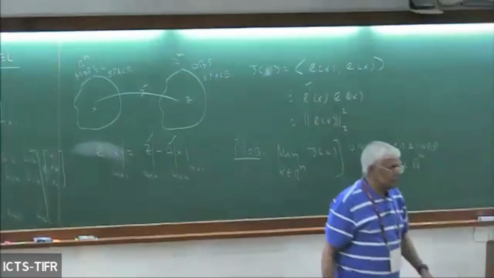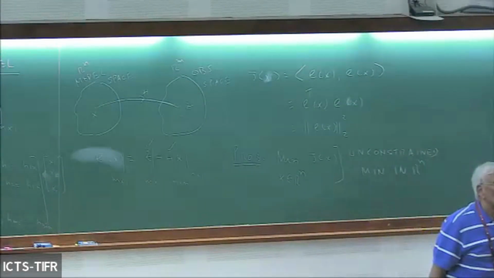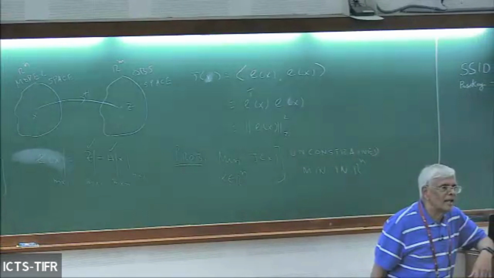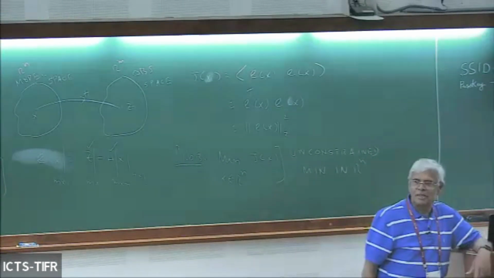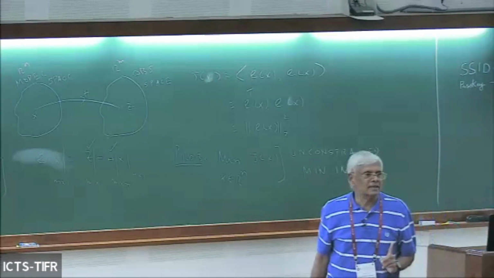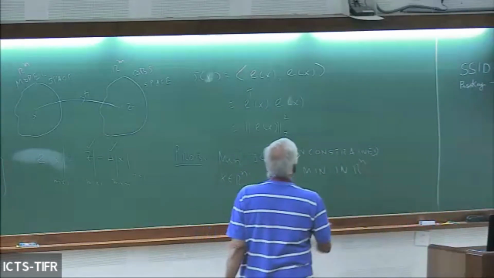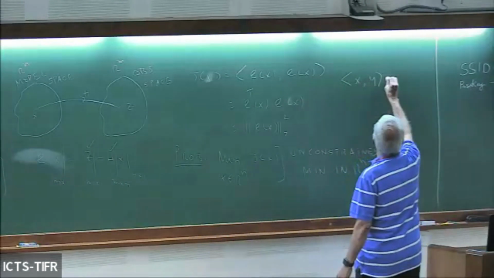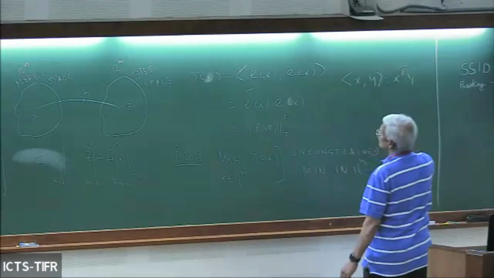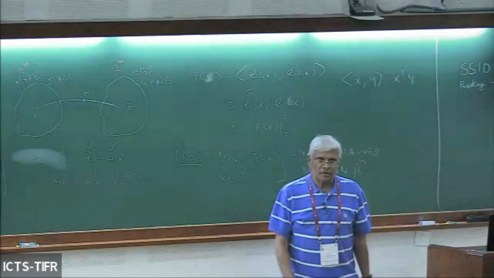What is the definition of inner product? X transpose Y. How do you define inner product, guys? This is simply a notation. And how do I compute this? That's right.